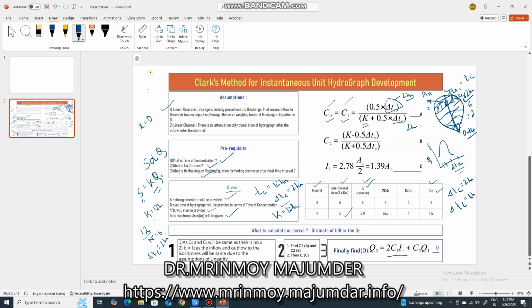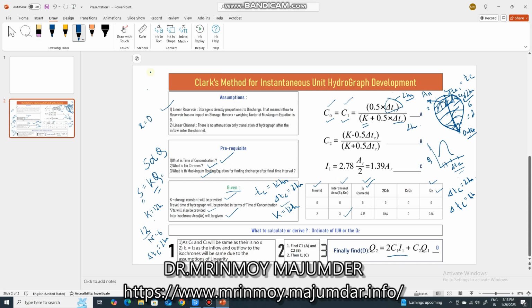Here actually they have done I1 equals 2.78 multiplied by AR by 2. 2.78 divided by 2 is 1.39, so they have directly given 1.39 into AR. But the actual case is that. So I1 you have calculated, and C1 you have already calculated, so easily you can calculate 2 into C1 into I1.